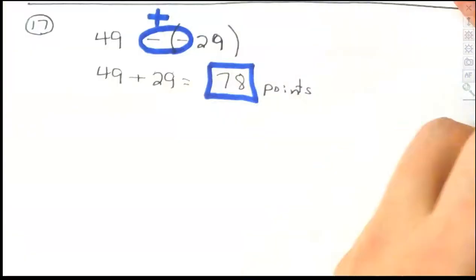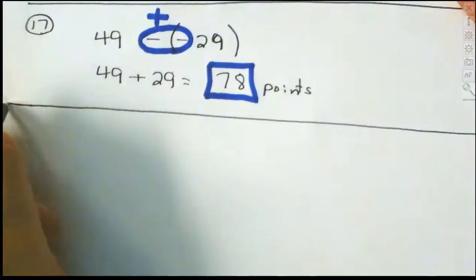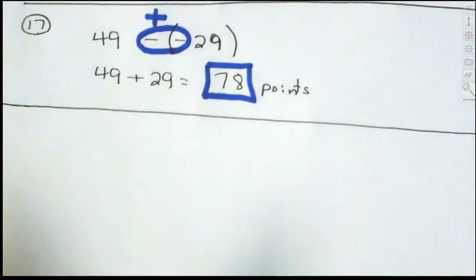For 19 and 20, we're going to have to be very careful with the signs. So when we look at 19 and 20, we're going to have to read it through. We may have to draw a diagram, especially for 19, to understand what is really happening. 19 is a little bit trickier because there's a lot of things going on.